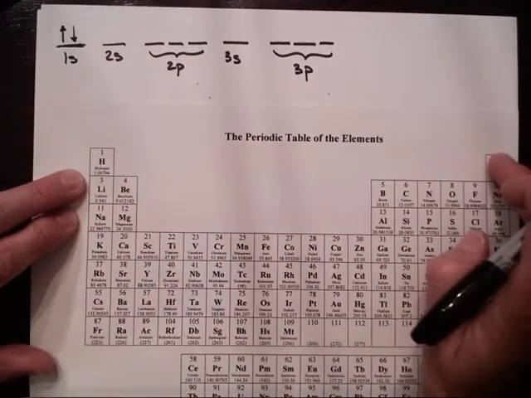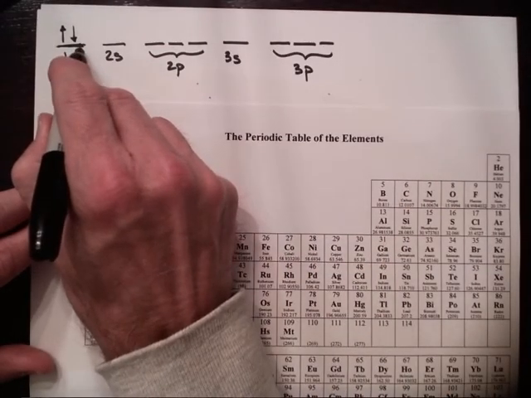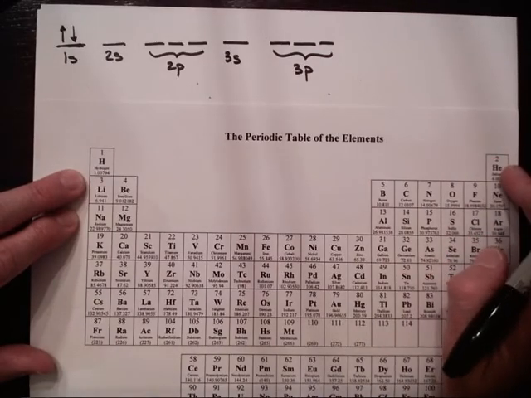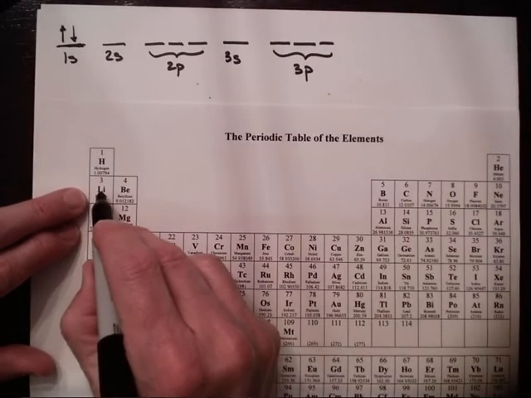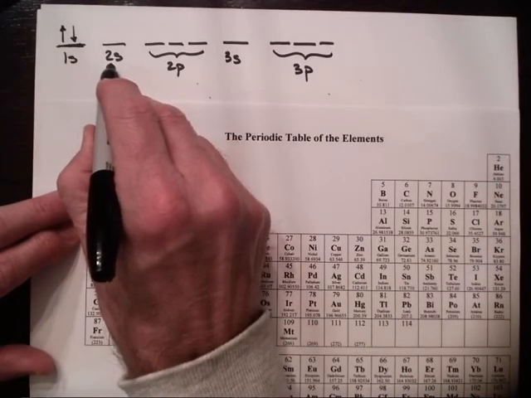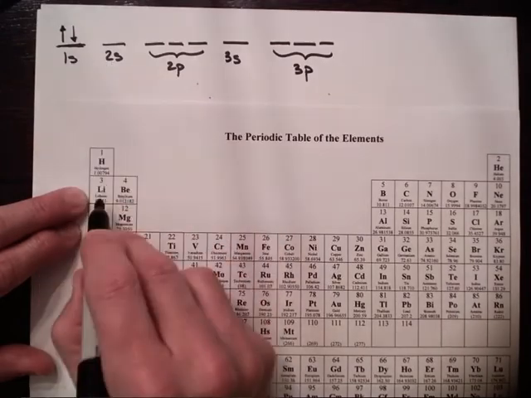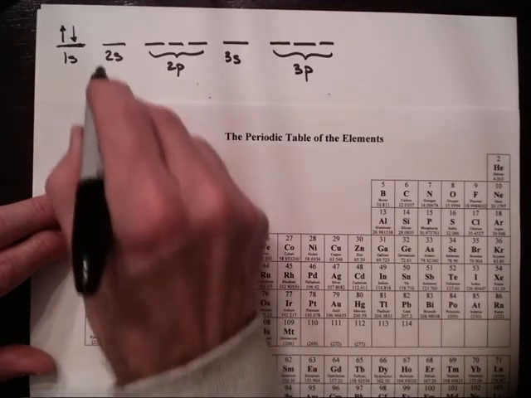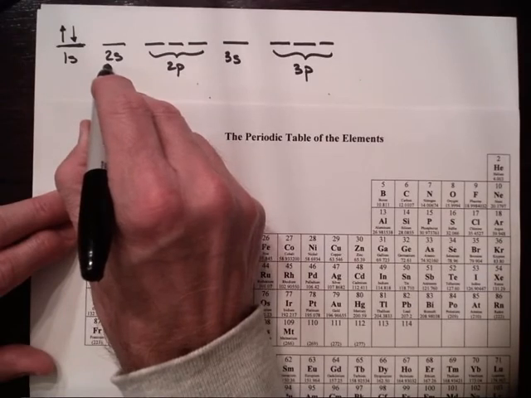I've run out of the period, and I've run out of room in the 1s. That's no coincidence. When I get to lithium, I have to move down to the next period, and to fill the electron, I have to move up to the next orbital. I'm now in the second period, and I'm in the second shell.